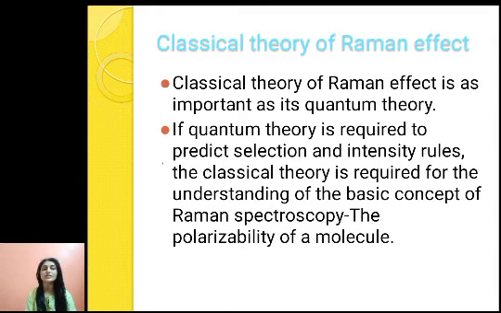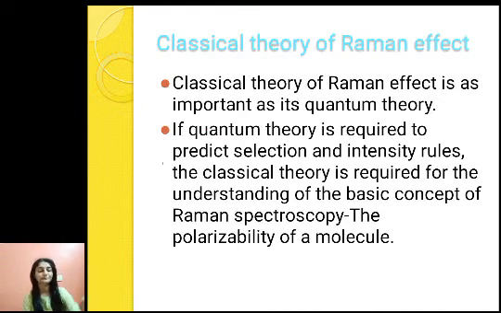But this classical theory is required to explain the basic concept of Raman effect, that is, what is polarizability. So using classical theory, we explain polarizability of the molecule. It is as important as the quantum theory of Raman effect.